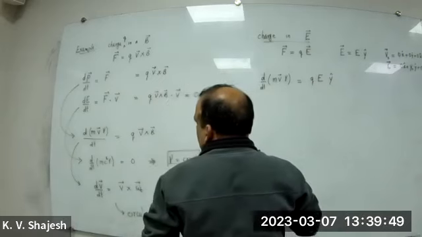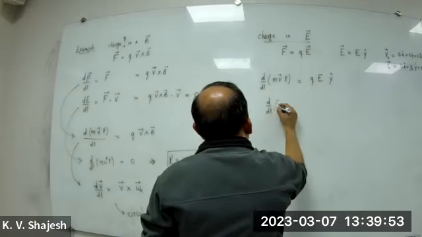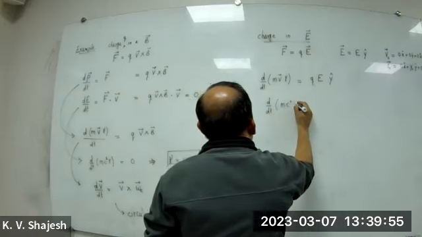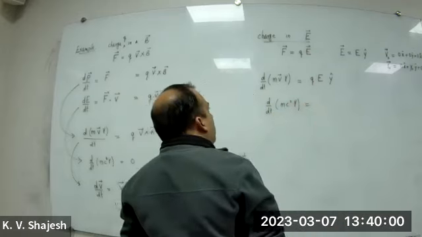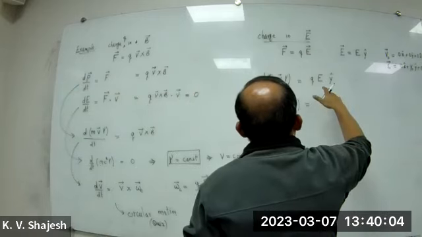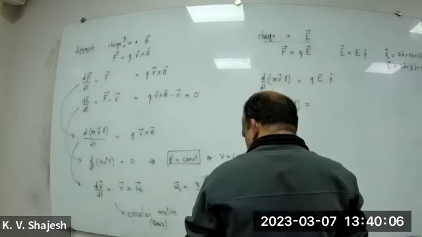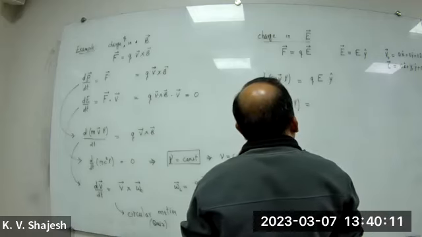And our energy is d by dt of mc squared gamma is equal to y hat dotted with velocity, right?